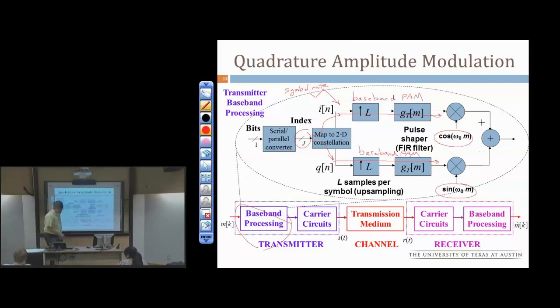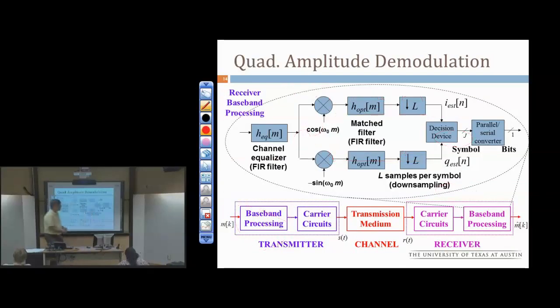Okay, so that's the baseband transmitter side. Baseband receiver side looks a lot like it. On the baseband side, I'll have an equalizer. This is after the A to D. And then the QAM demod. In addition, we know there's also other things off to the side, symbol clock recovery, carrier detection, and so forth. Prior to this point, there's going to be automatic gain control and A to D conversion.